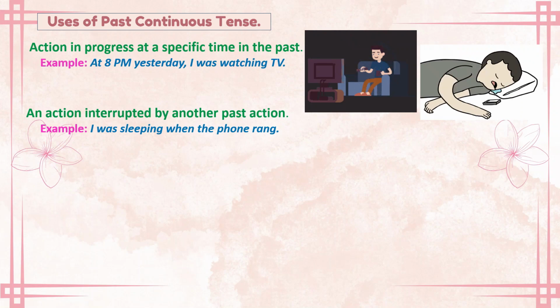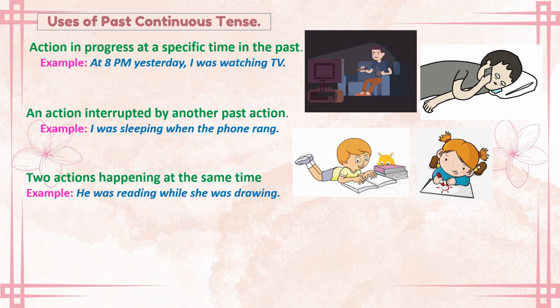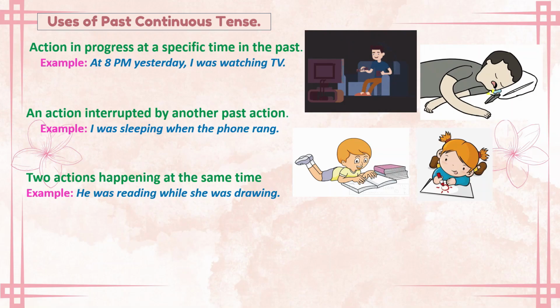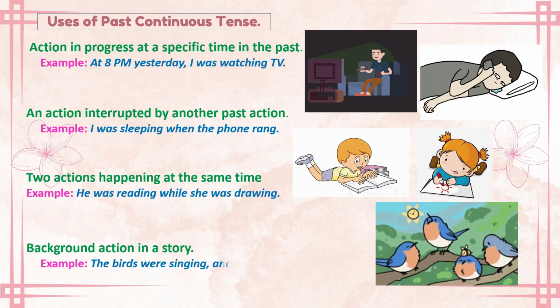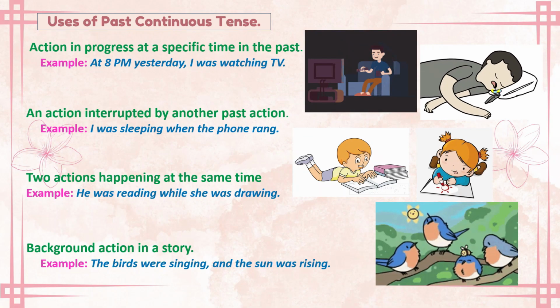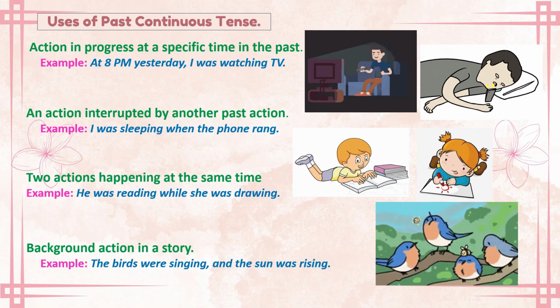For example, I was sleeping when the phone rang. When two actions are happening at the same time. For example, he was reading while she was drawing. With background action in a story. For example, the birds were singing and the sun was rising.